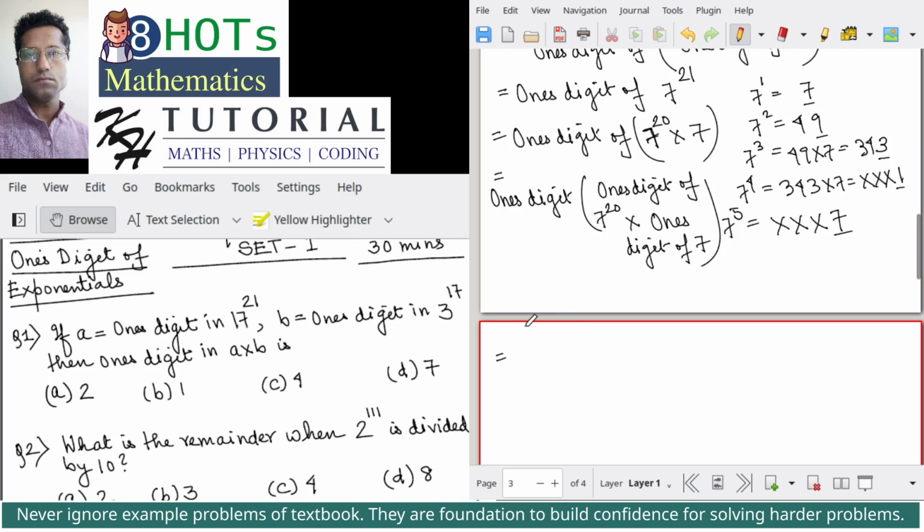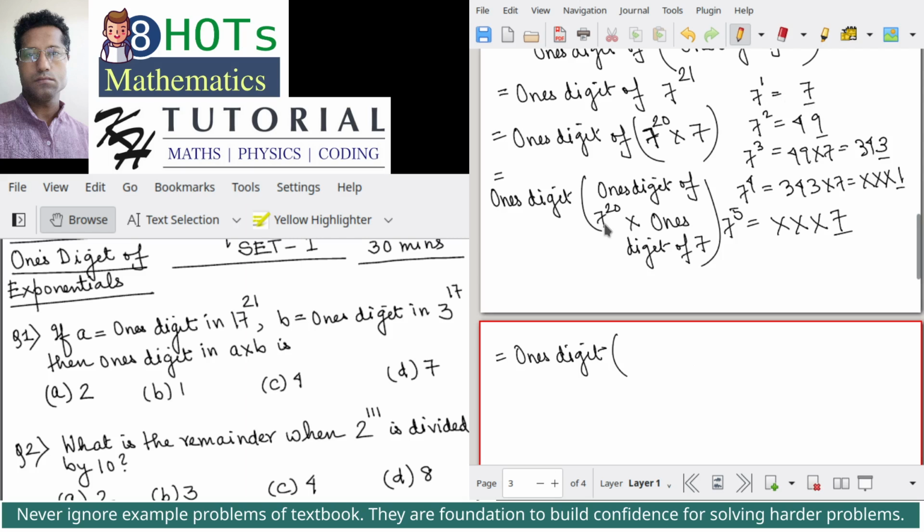Now this is equal to the ones digit. Now what is the ones digit of 7 to the power 20? We have already seen from the pattern of the ones digit of the powers of 7 that at every fourth power the ones digit is 1.